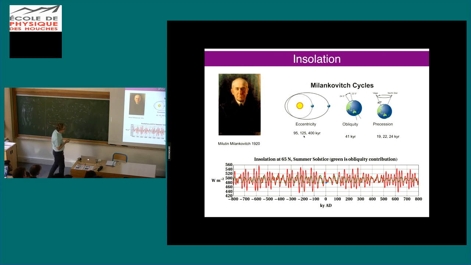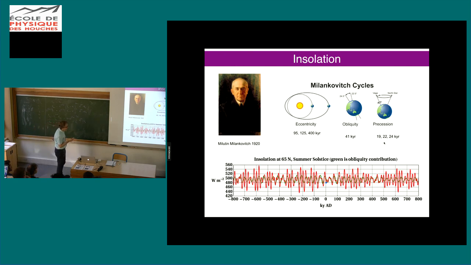Now you see that for eccentricity there is some kind of 100,000 year signal, but it's extremely weak. So if you compute insolation changes due to eccentricity alone, it's very difficult to explain why you get a 100,000 year frequency in there.